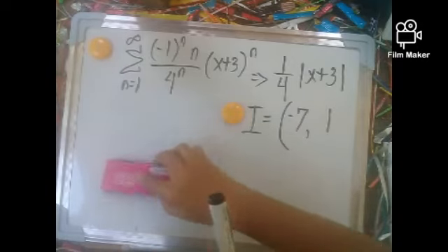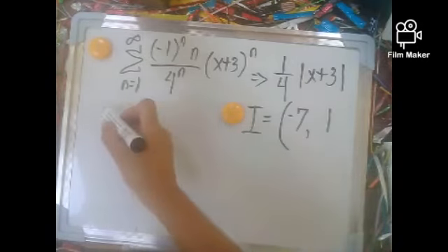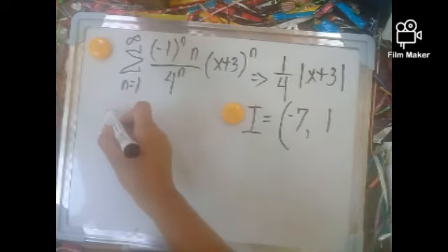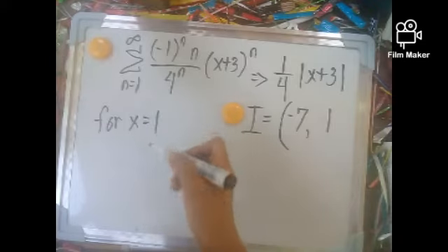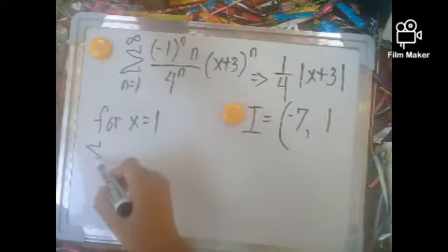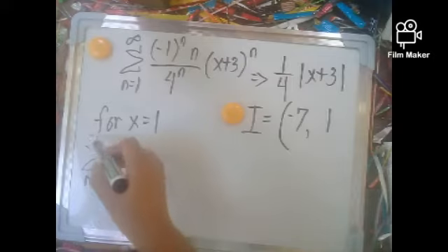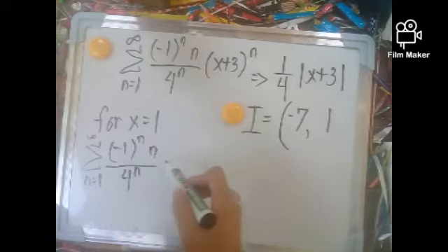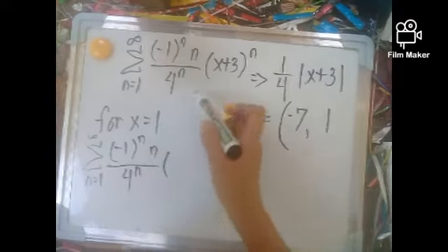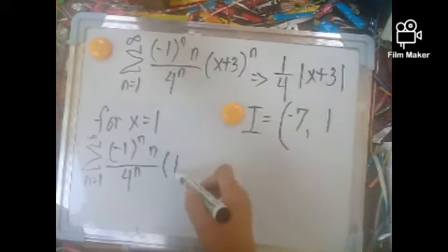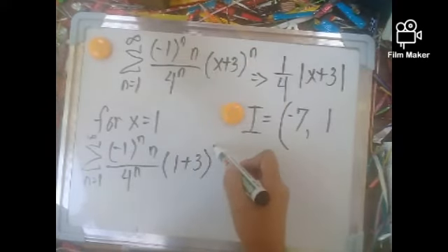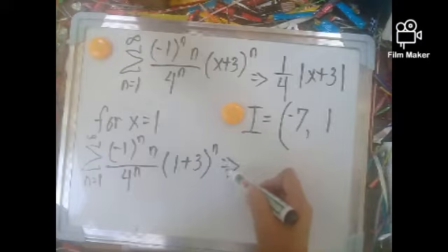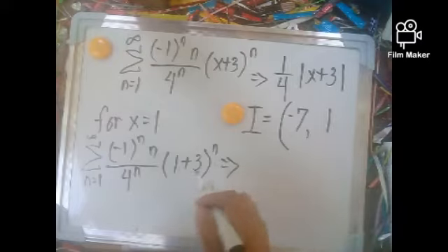Next, let's test the series as x is equal to 1. So, diretso plug in ulit natin. We have negative 1 raised to n times n over 4 raised to n times, plug natin yung 1 sa x. So, 1 plus 3 raised to n. So, this will become 1 plus 3 is 4.